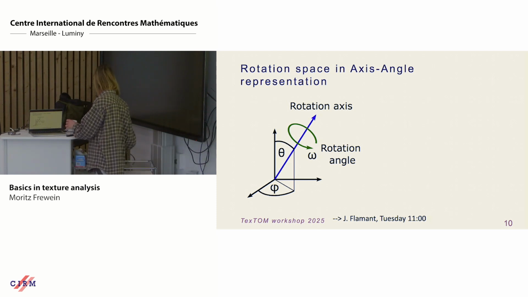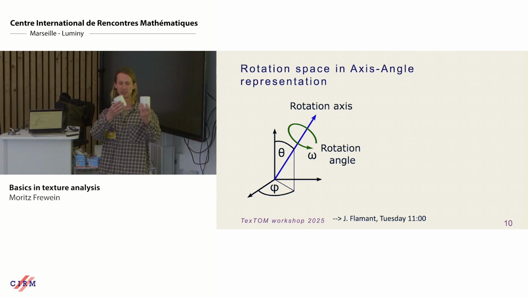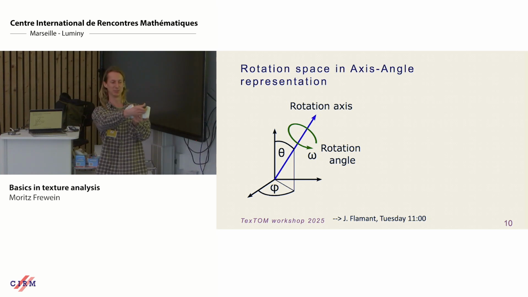So to demonstrate this, for example, with two coffee cups, we have a reference orientation, which would be this, for example, and we want to go here. Then we need to define an axis that goes somewhere through here, for example, and then we can do a single rotation around this axis, and we will arrive at the same orientation.